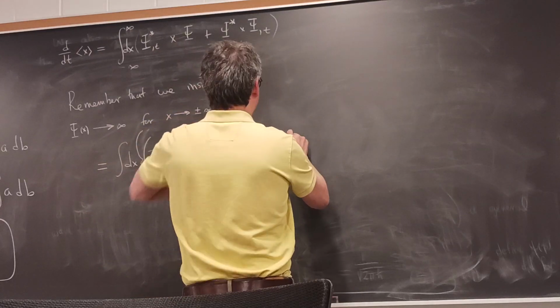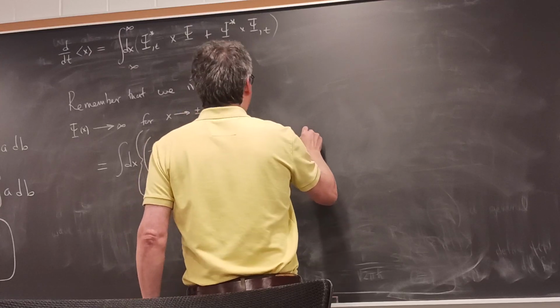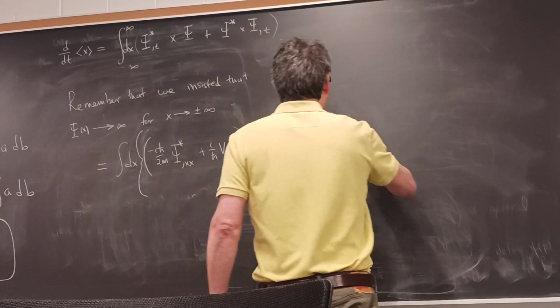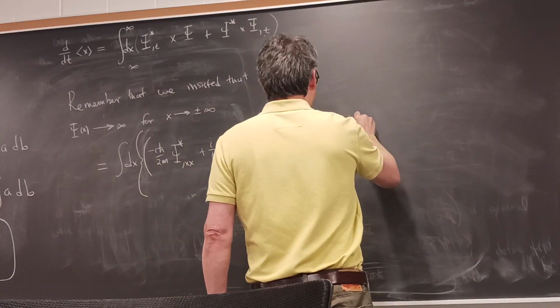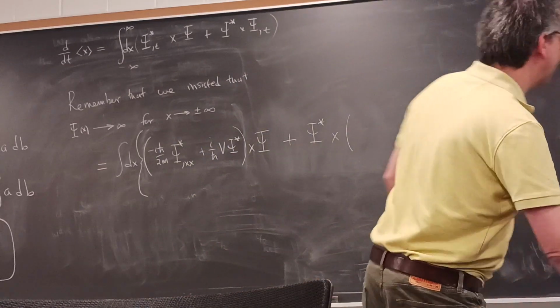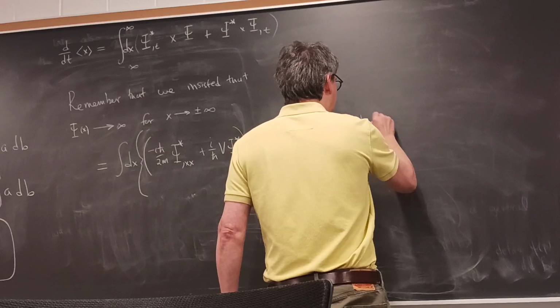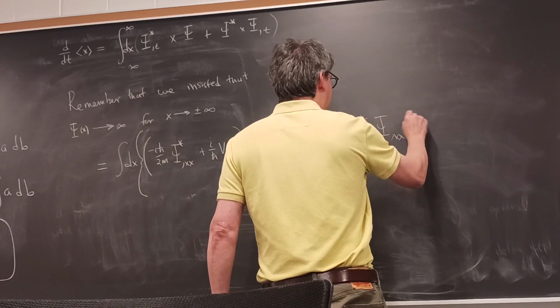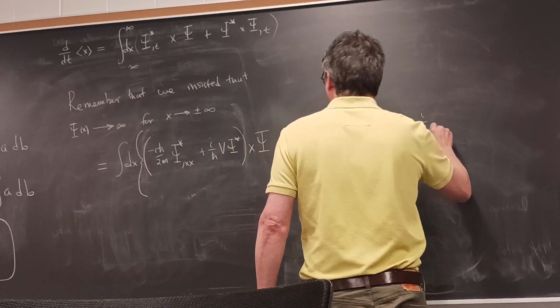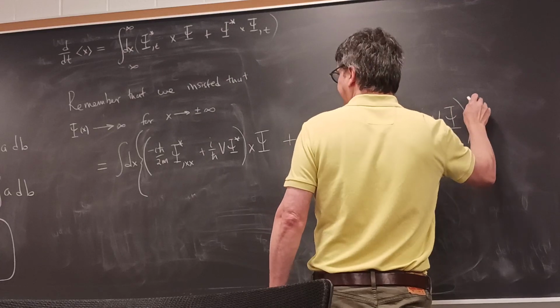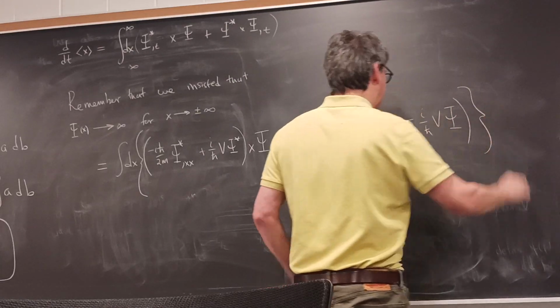Much easier. Okay, plus psi star times x times now psi of t, which is i h bar over 2m psi comma xx minus i over h bar V psi.